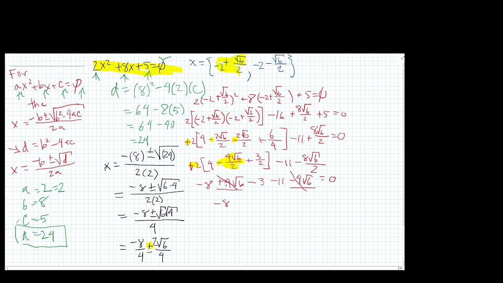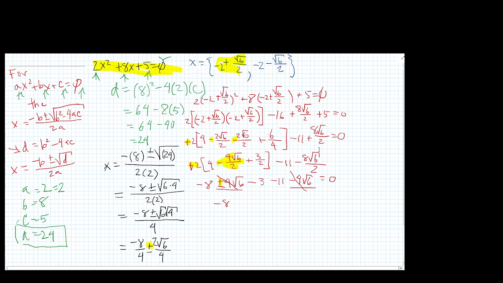Positive times negative. Well, this here becomes a negative, of course. So we have negative square root of 6, but then it doesn't cancel that.